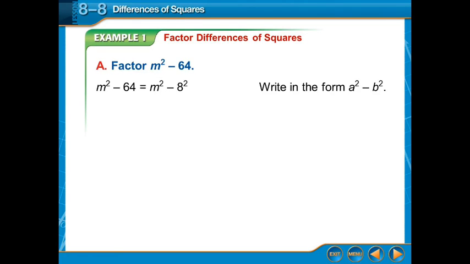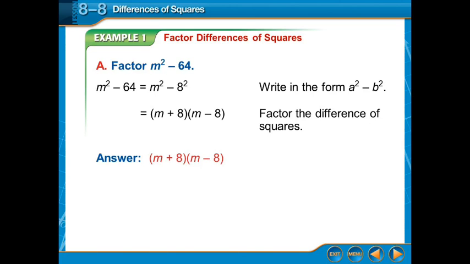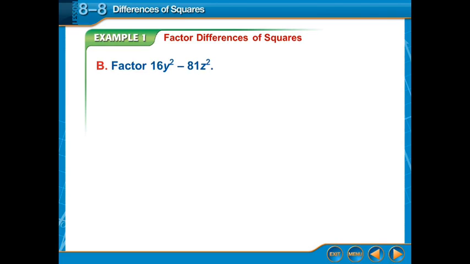Alright, so let's go to the next example. Let's factor 16y squared minus 81z squared.